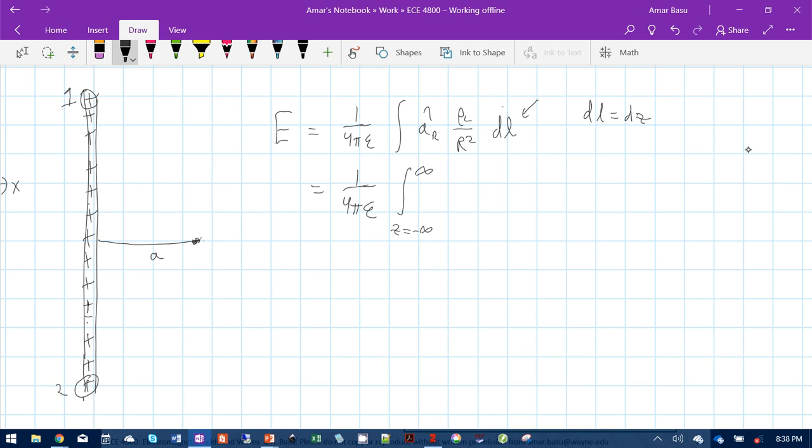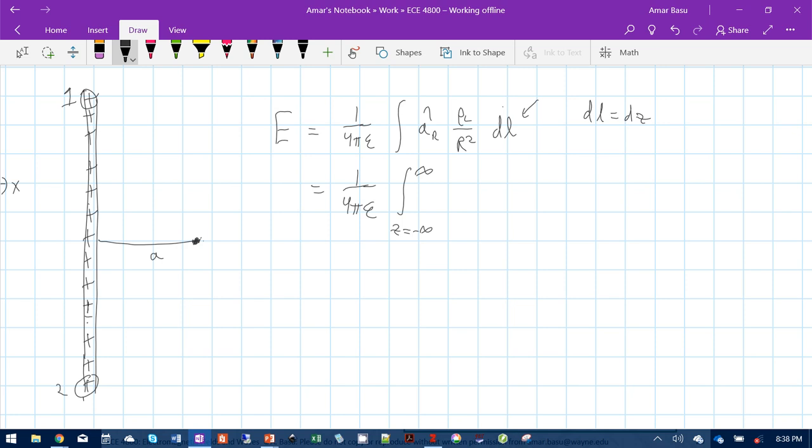Let's imagine we're at some point A, and remember we're integrating from z equals negative infinity to infinity, right? So we're going to do everything in terms of a coordinate z. You remember about these line integrals? If you're integrating over a single variable, you should put everything in terms of that variable, right? So everything that you see here should be put in terms of z somehow.